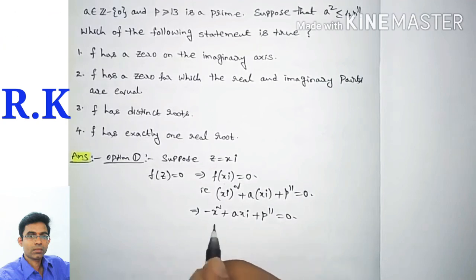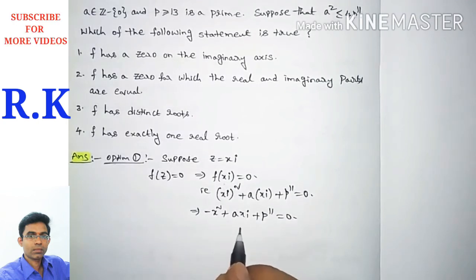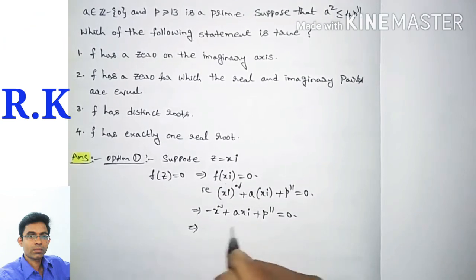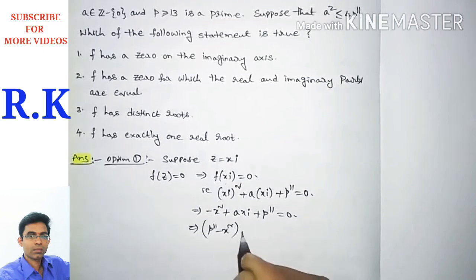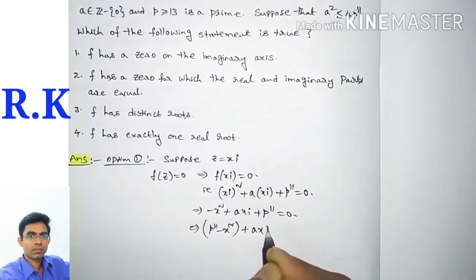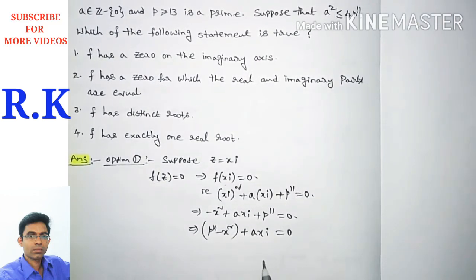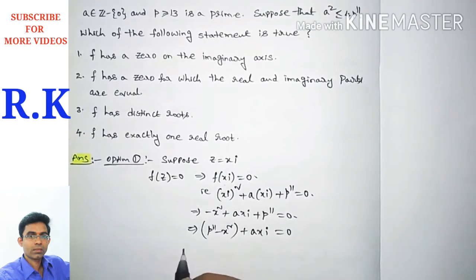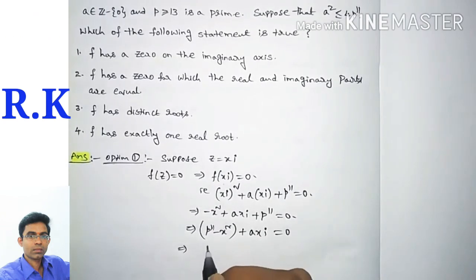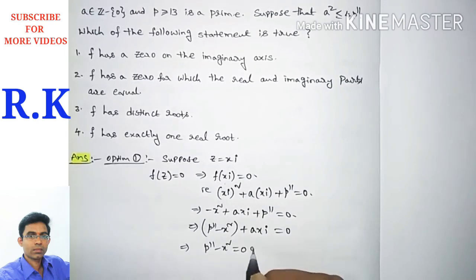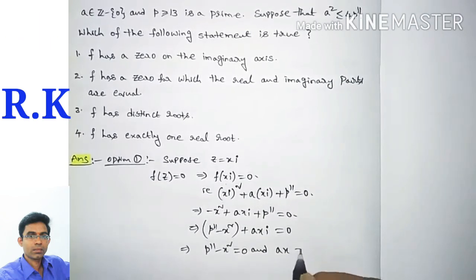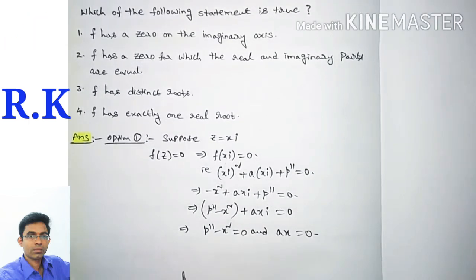Okay, now equating real and imaginary parts. So here the real part is p power 11 minus x square is equal to 0, and the imaginary part ax is equal to 0.